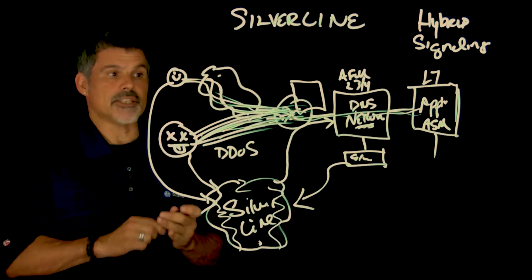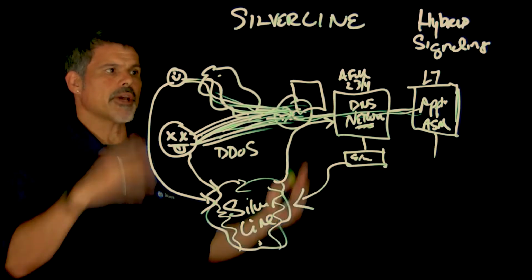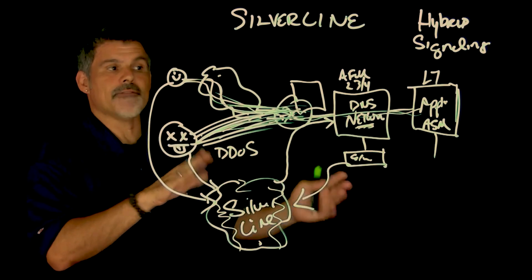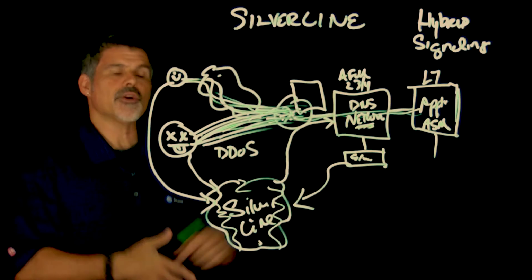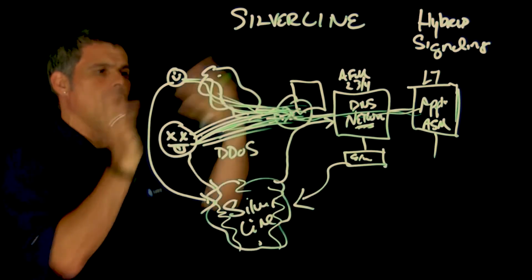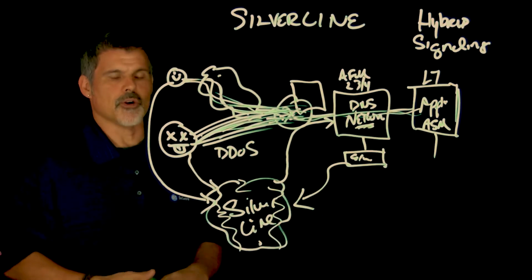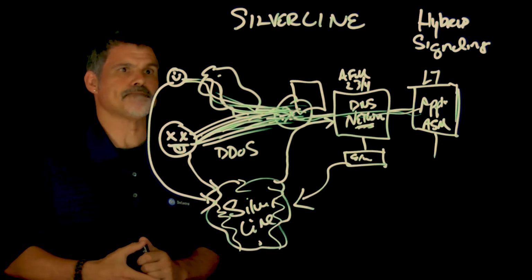So it allows, as you can see, comprehensive attack mitigation. You can have your on-prem stuff handle what you need, and if it goes past that, you can send it over to Silverline. You can, of course, also have Silverline running all the time, and if you're getting hit constantly, have all of the traffic go through Silverline to clean it, and then send it back.